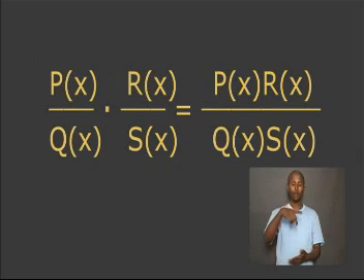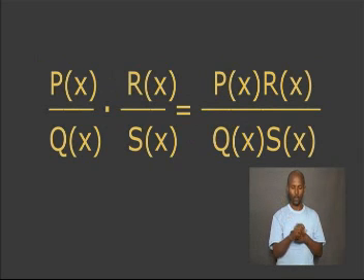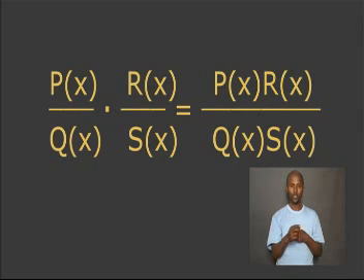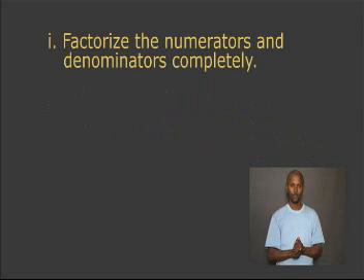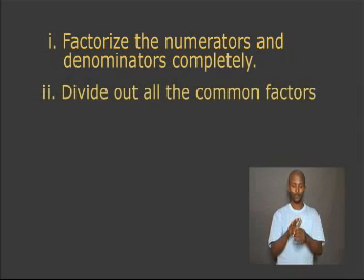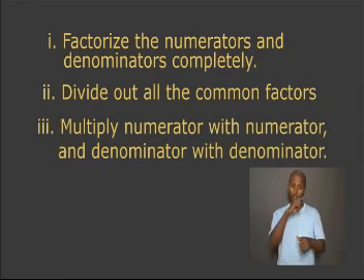Then P of x over Q of x times R of x over S of x equals the product of P of x and R of x over the product of Q of x and S of x. To multiply rational expressions, factorize the numerators and denominators completely. Then divide out the common factors. Finally, multiply the numerators with each other and the denominators with each other to find the answer.